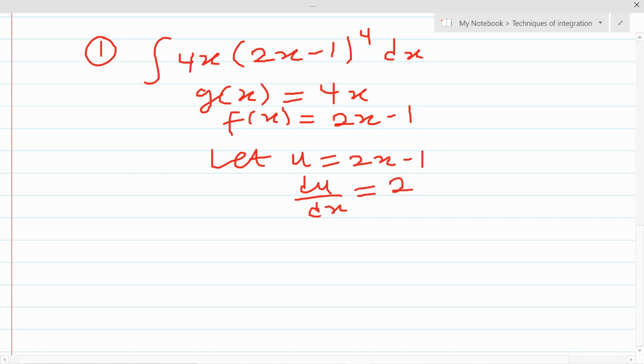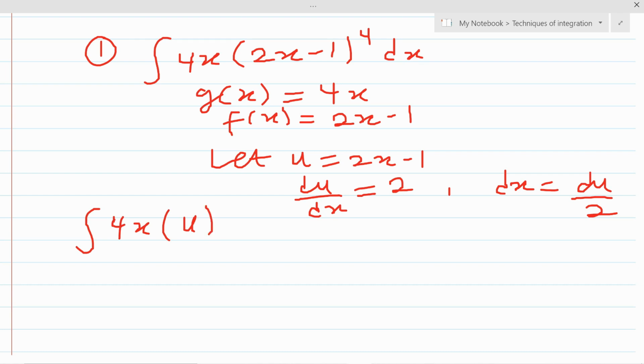If that is the case, then making dx the subject will give us what? du over 2. So now let's come back and put it in the equation. In the integral problem, we have 4x into u to the power 4 dot du over 2.